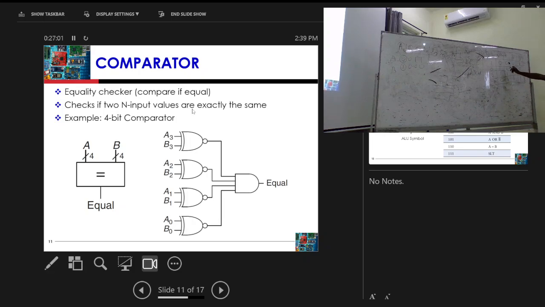If A3 is 0, B3 is 0, what happens to the output? Now we have A3 being 0, B3 being 1. What is the output?